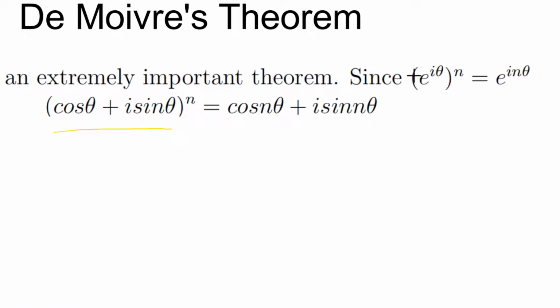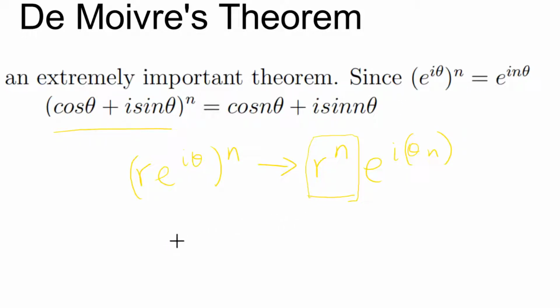But we can extend this. This is for a complex number whose magnitude is 1. If we have a complex number with magnitude r raised to the power n, then by the law of indices, this is also r to the power n, and then e to the i theta n. So again, we still have theta n, but we have our magnitude raised to the power n. Of course, in the case where it was 1, 1 to the power n is still 1, so we ignore that.